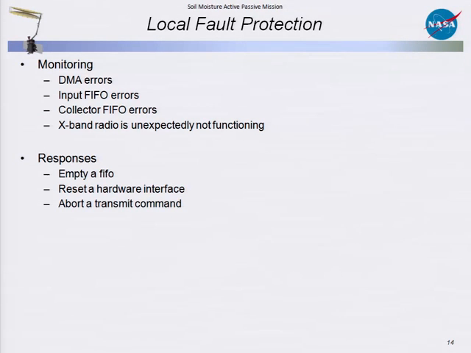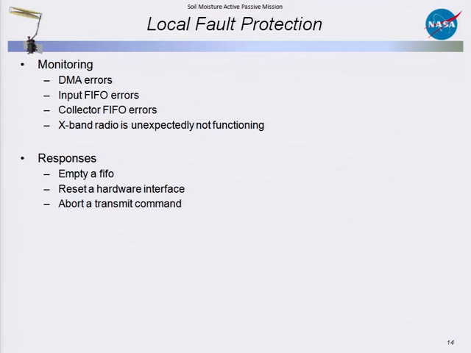And as far as responses, we do have a relatively limited vocabulary of what we can do, but here's some menu of choices. We can empty a FIFO out, clear it out, program the registers, set the size to 0. We can reset a particular hardware interface. So there's serial inputs and outputs to the X-band radio and to and from the instrument, so we can always reset an interface.